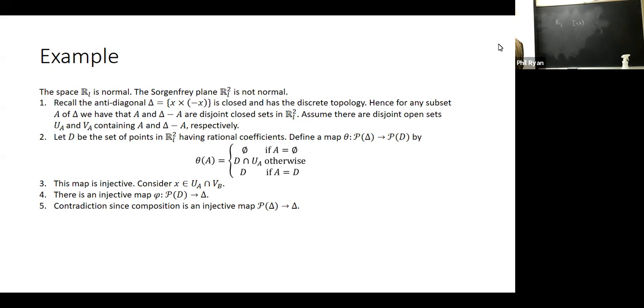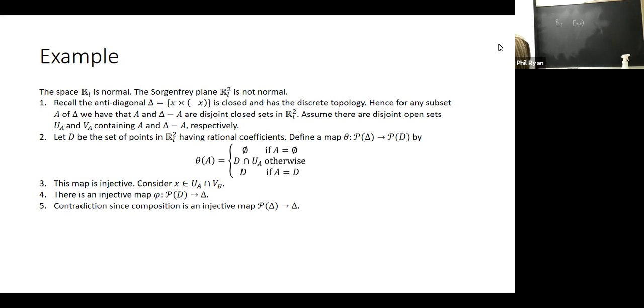Then it's going to meet D at some point because D is dense. So therefore, if there's something in that set, this thing is not going to be empty. And if it's not the whole of delta, then its complement is going to meet something in D. And so therefore, it can't be the whole thing.